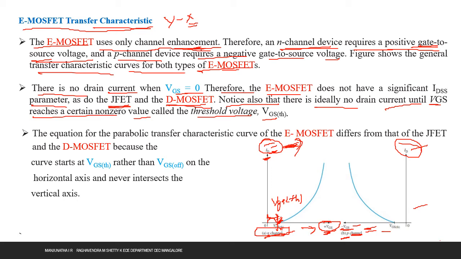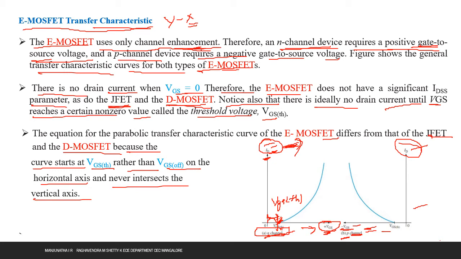The equation for the parabolic transfer characteristic curve for E-MOSFET differs from that of the JFET and the D-MOSFET, because the curve starts at VGS threshold, reaches VGS on the horizontal axis, and never intersects the vertical axis.